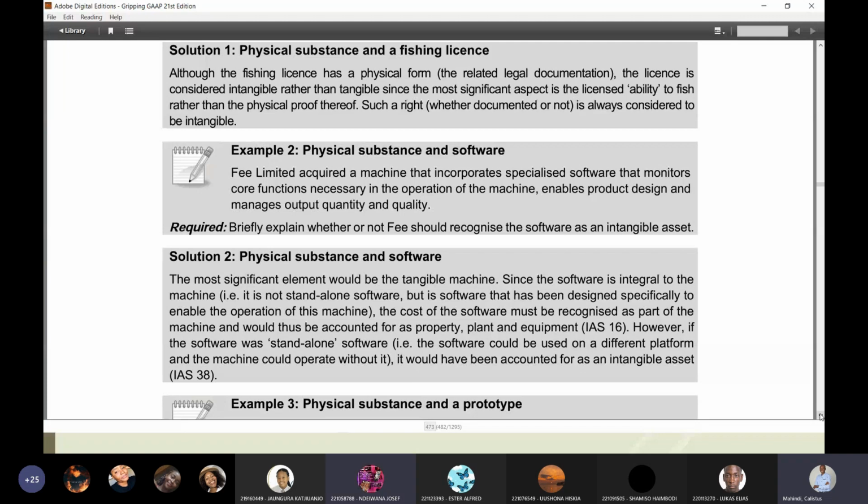I say that if the software is integral to the machine, then the cost of the software is treated as part of the cost of the machine. It's not treated as an intangible asset. It would be treated as PPE.